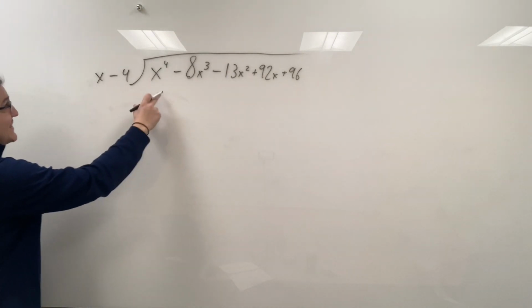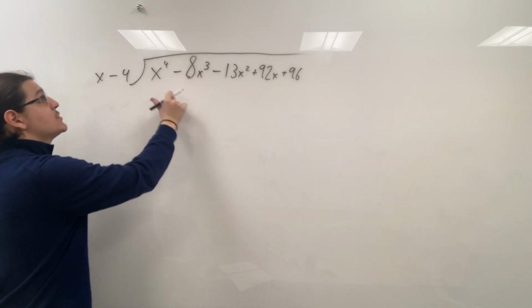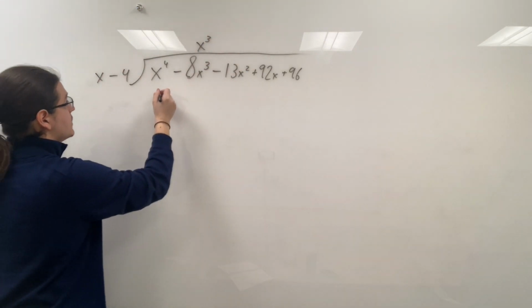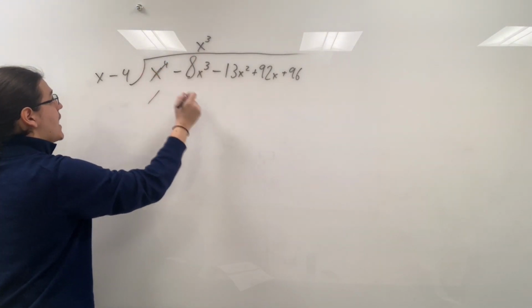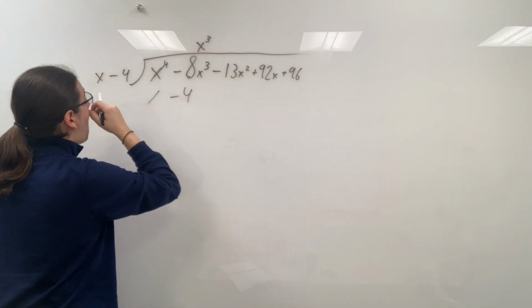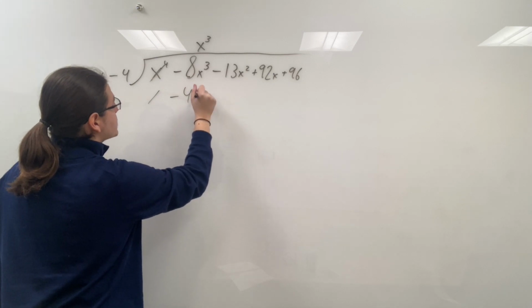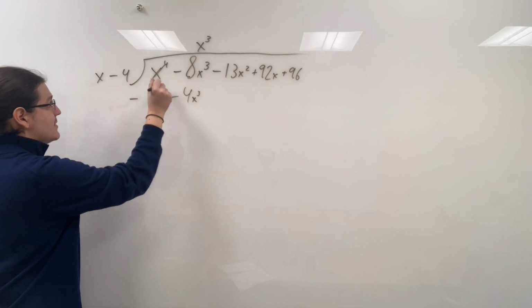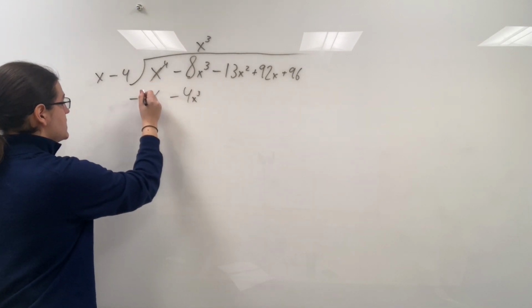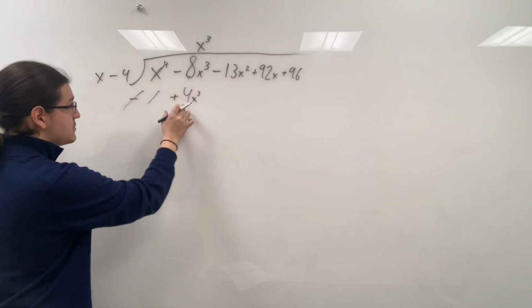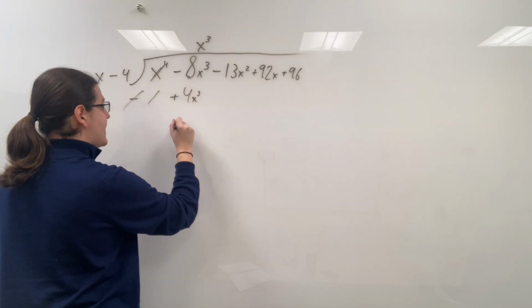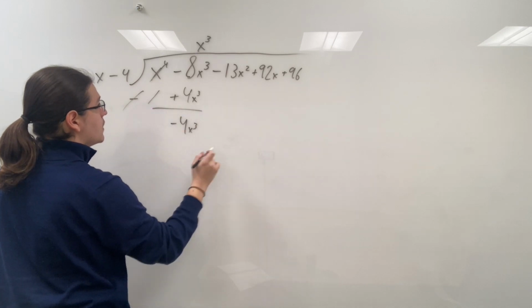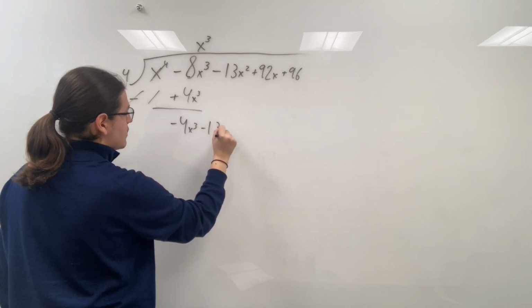So x fits into x to the 4th, x cubed times. Multiply it out. These will always cancel, and we get minus 4x cubed. Now recall, we're going to subtract this term right here, so these cancel, making this positive. So then we get minus 4x cubed. Let's bring our next term down, 13x squared.